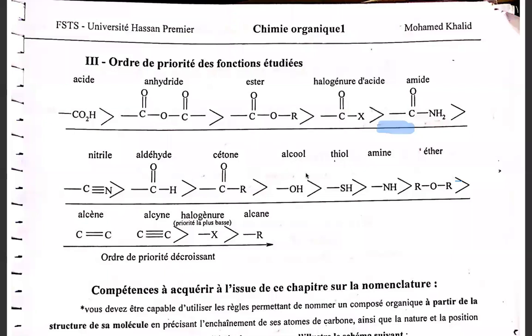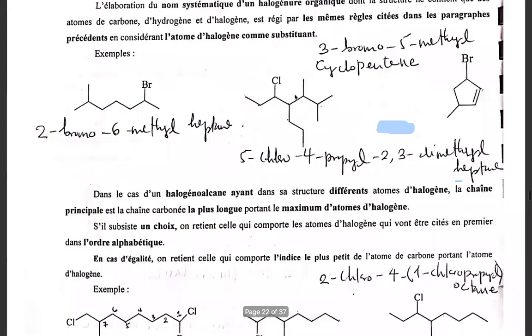At the end of the day, you are supposed to master this table. Not necessarily mastering it, but you're supposed to know which one has a higher preference when you are dealing with nomenclature. So there will be questions where you'll be given a compound with maybe three functions, and you'll be told to name it.